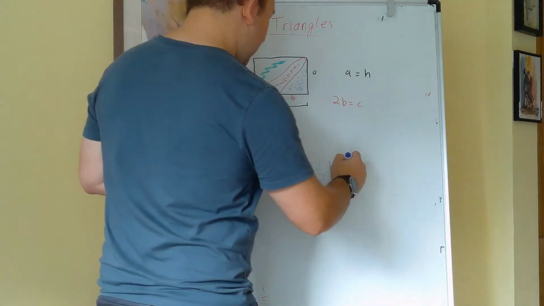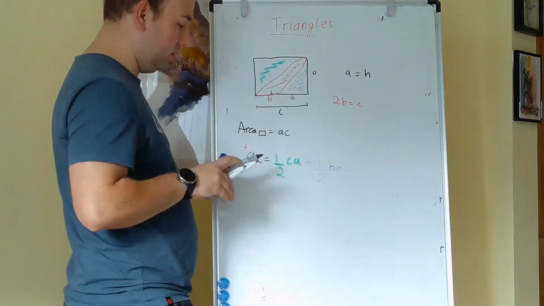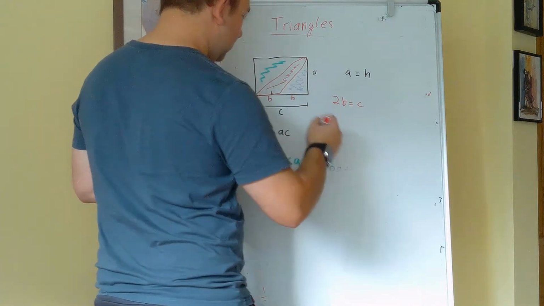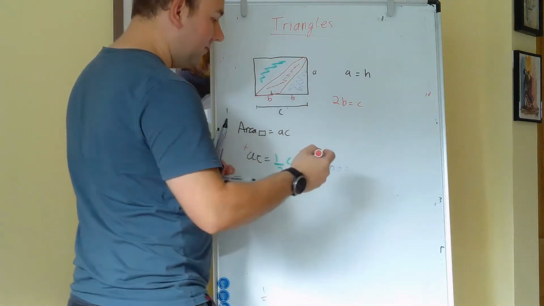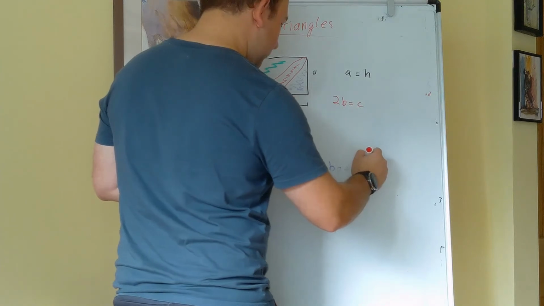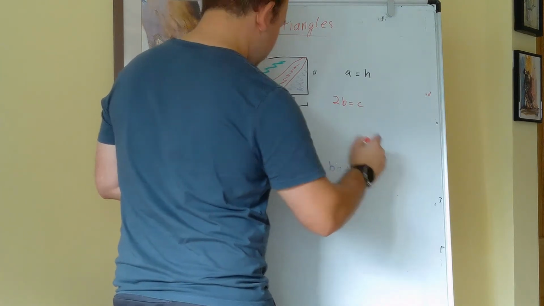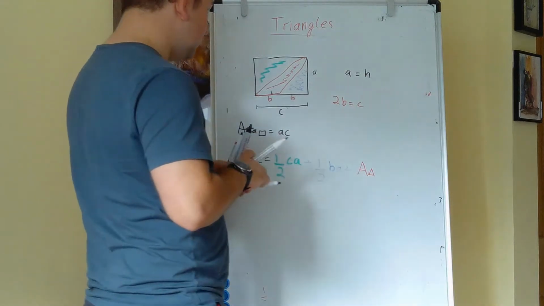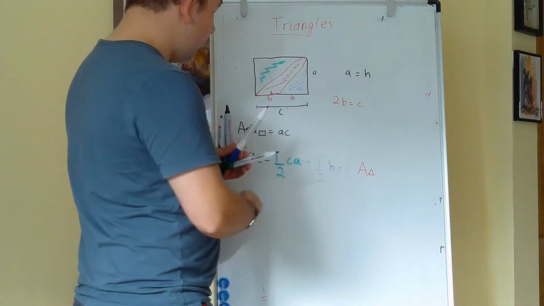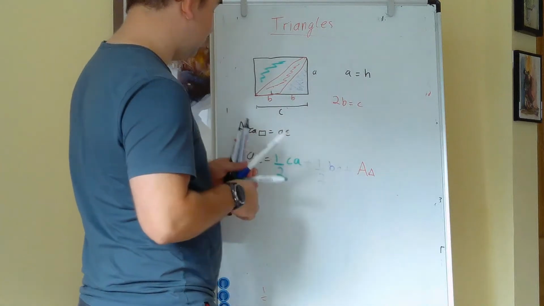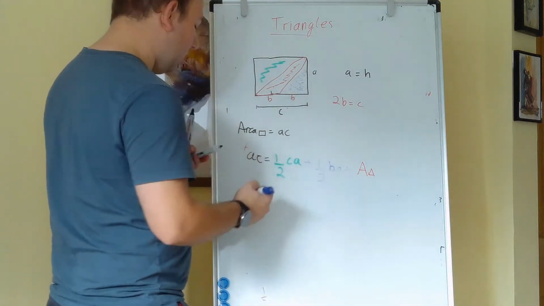And this has to be then added to the red triangle, which is what we're trying to find out. So I'm just going to call this capital A and then draw a picture of the triangle to symbolise this. We can now start bringing these things over to the other side.